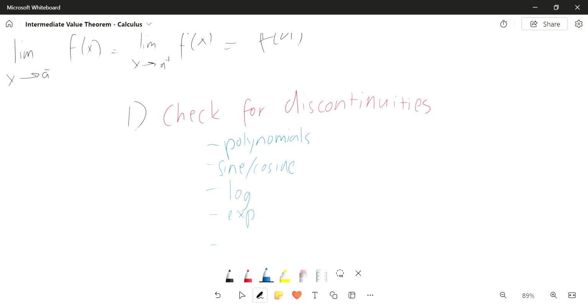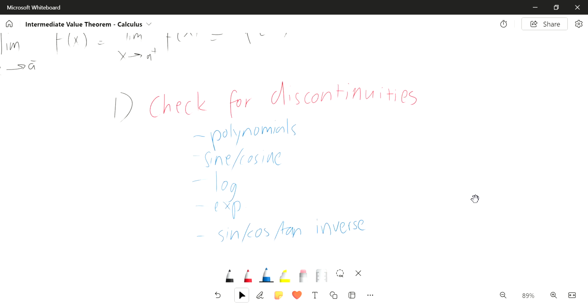And I forgot to mention arcsine, arccosine, arctangent, the inverse trig functions, because these are all continuous on their domain.